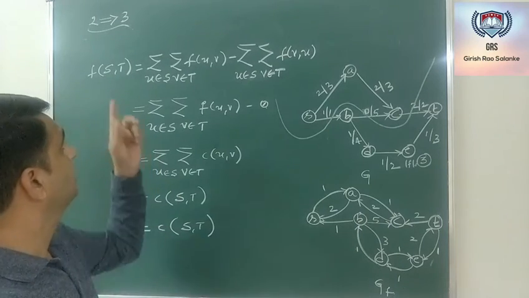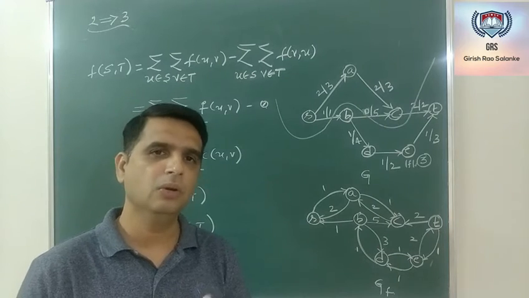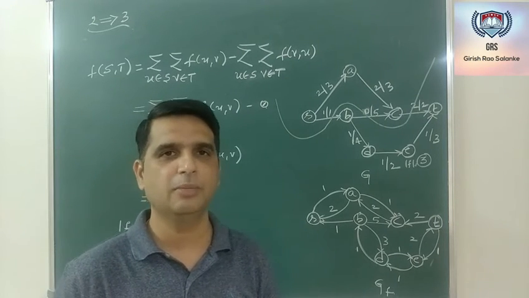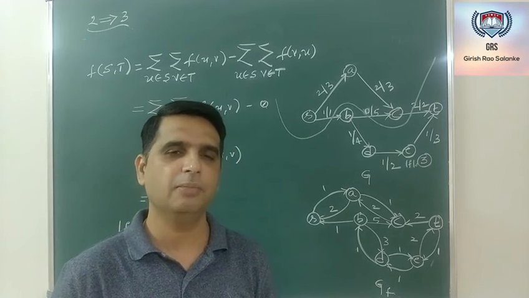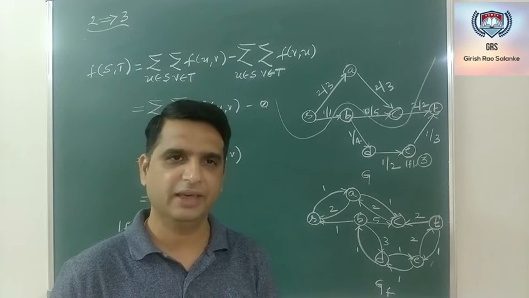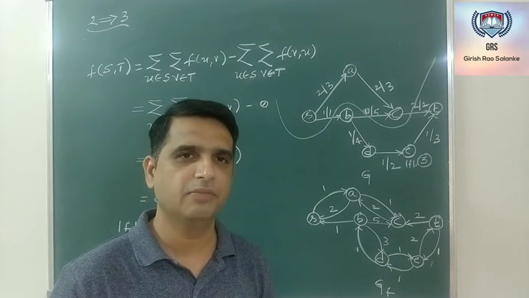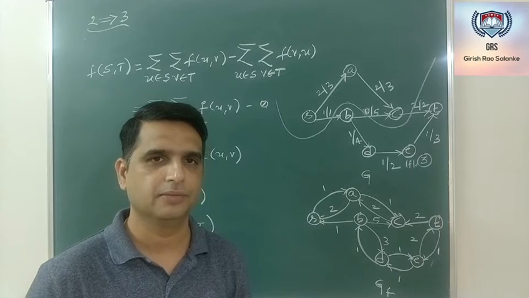This was my proof. That means I have equated the second statement to the third statement. Now we are supposed to equate the third statement with the first statement. What was the first statement? The first statement was that F is the max flow in the network, and the third statement was this. I need to equate the third statement with the first statement. Let's go for the next one.